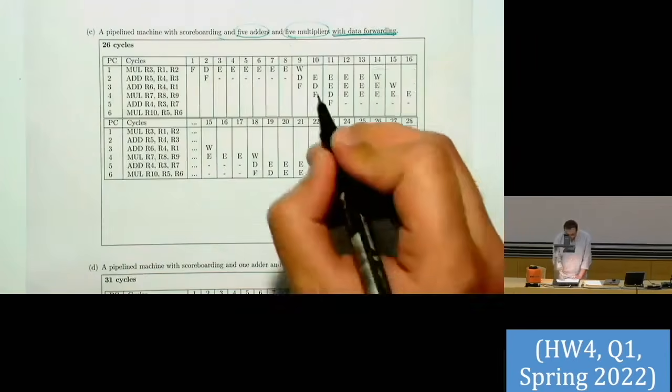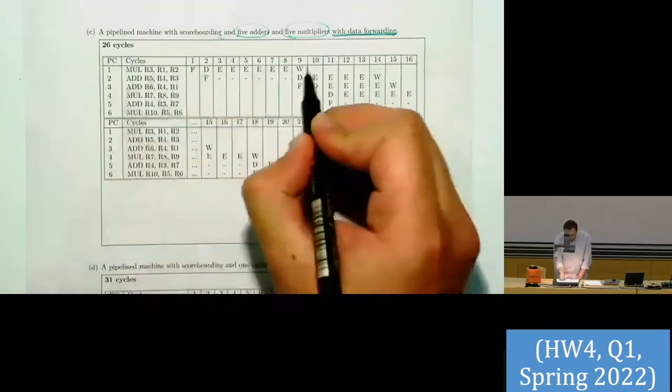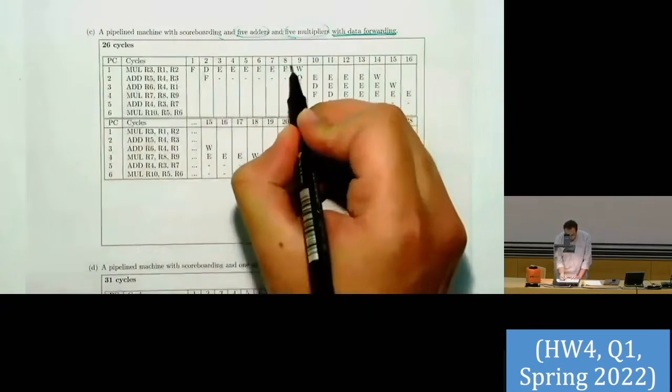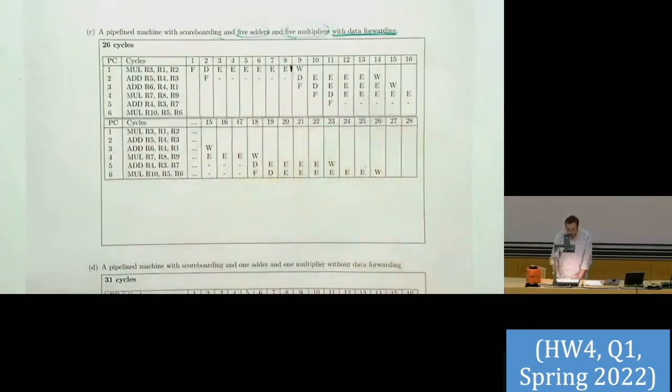The result of the first instruction is ready at the end of the 8th cycle, and we don't have to wait for it to be written into the register file and then read it from there. So in this case, we have data forwarding.